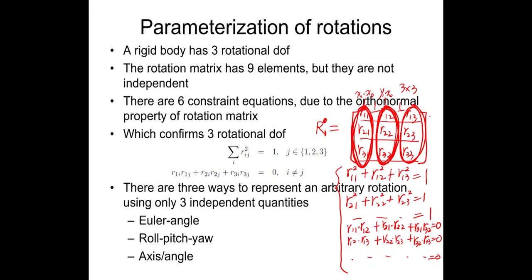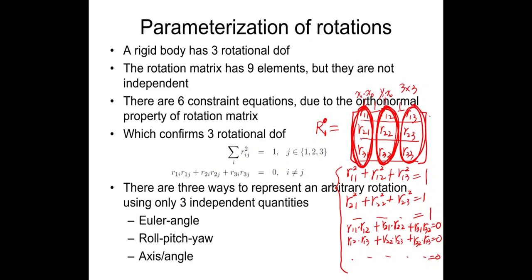So it means we have this rotation matrix, although they're all numbers, but actually there are six equations, meaning the 9 elements have some relationships in between. So now we have 9 elements and 6 equations.